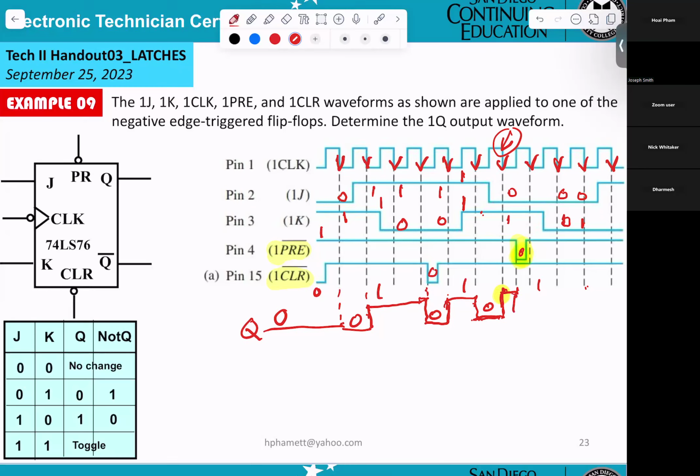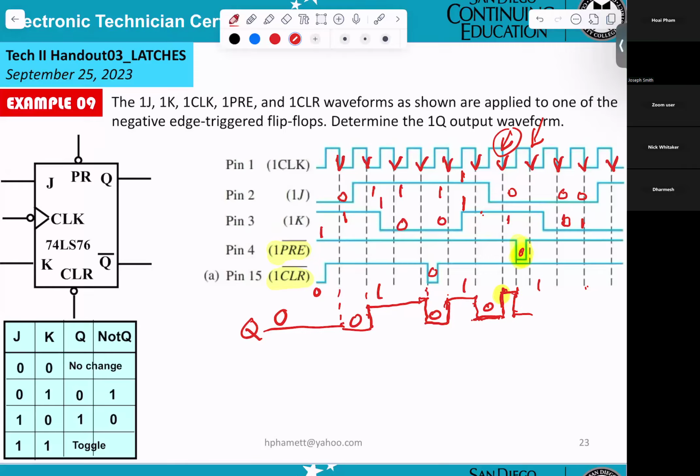But then at the fourth arrow before the end, the dashes are before preset. Preset is zero, so the output is one all the way up to the transition.